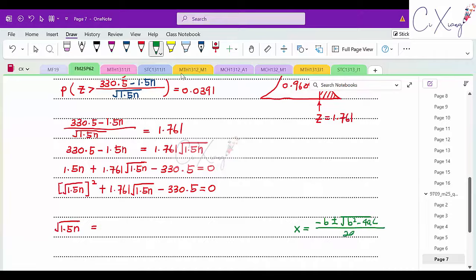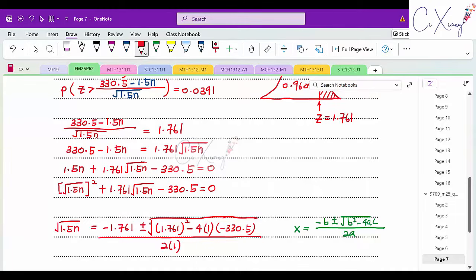So I'm using the quadratic formula here. Negative b means negative 1.761, plus minus square root of 1.761 squared minus 4 times a, where a is 1 because the coefficient in front of the something squared is 1, times c, which is negative 330.5. After that, I have to divide by 2a, where a is 1.